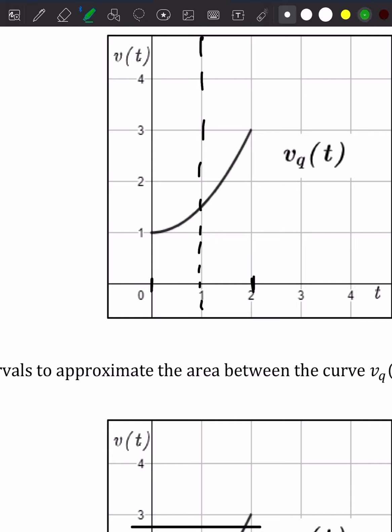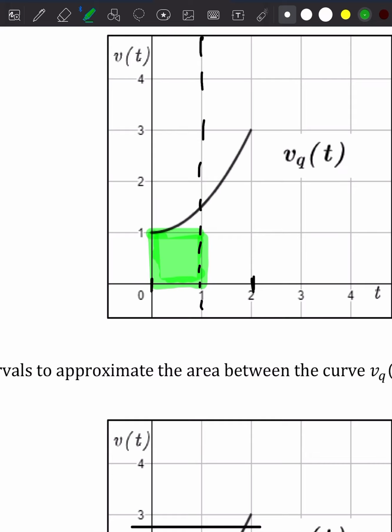So our first interval here is between 0 and 1, so between 0 and 1, 0 is the leftmost number, so we're going to be using that y value to help us out. That y value is 1 still, so I'm going to use this y value of 1 over that full interval from 0 to 1. This is going to be the area of 1 of my rectangles.